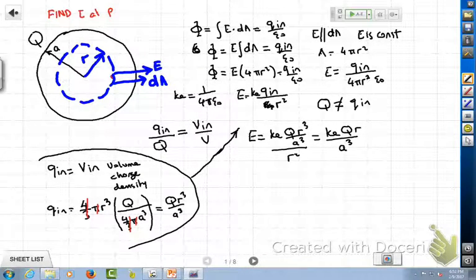What you can't do is just put down that equation and pretend that you derived it. The question will say, using the method of Gauss's law shown in class. And this is what I want to see: from Gauss's law. If you don't state Gauss's law, you're not using the method.